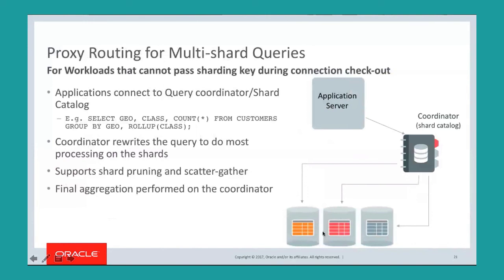And then once the queries are executed here, the data is brought back to the coordinator, and if there's any ordering, rollups, etc., that need to happen on this data that's brought from the shards, it'll happen here one last time, and then it is sent to the application server.